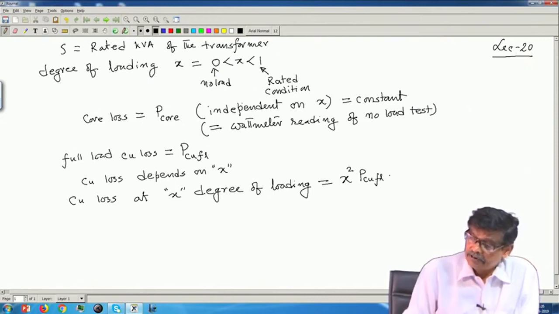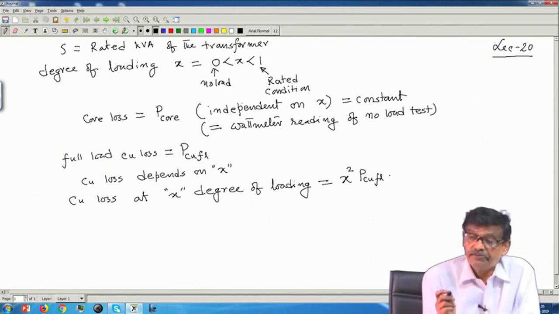This must be kept in mind while calculating the efficiency of a transformer.